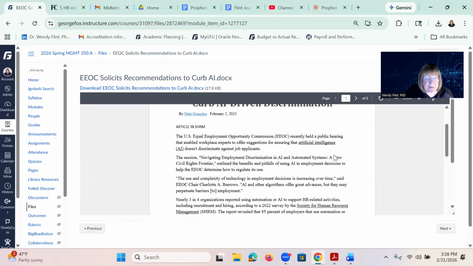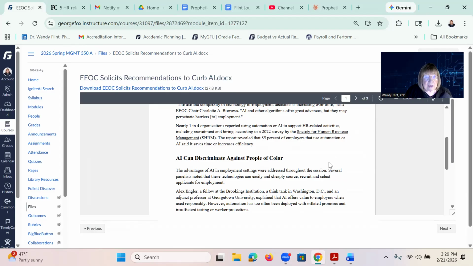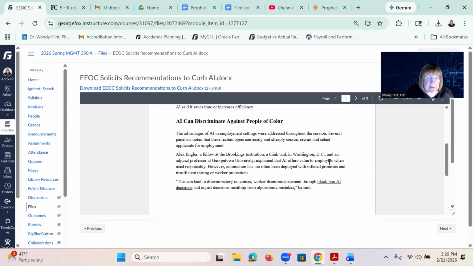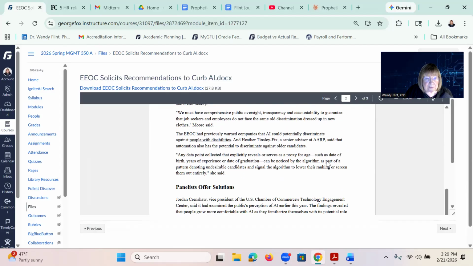They are asking for people to show some due diligence navigating all the new technology that's coming into human resources. And they provided research that if you're not careful, screening for candidates can actually discriminate against people of color using AI and also against people with disabilities.